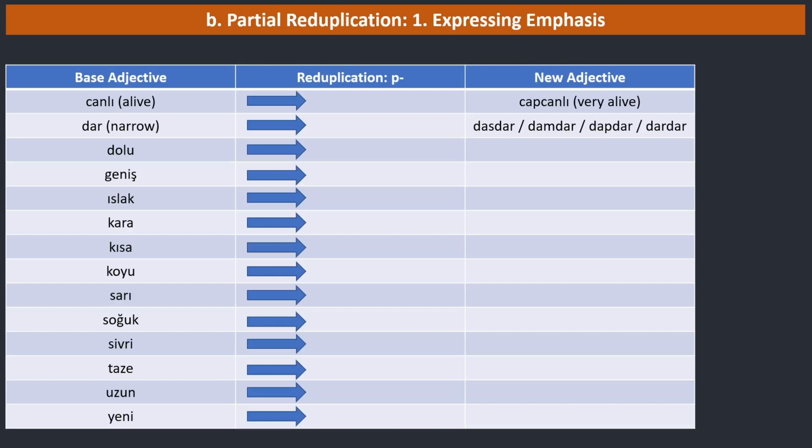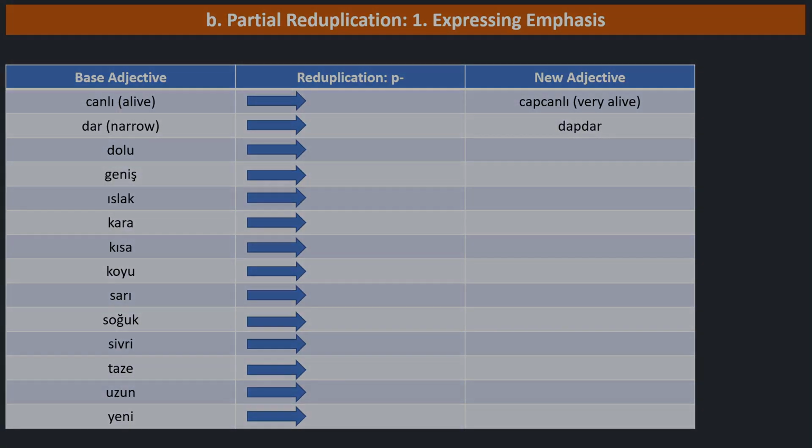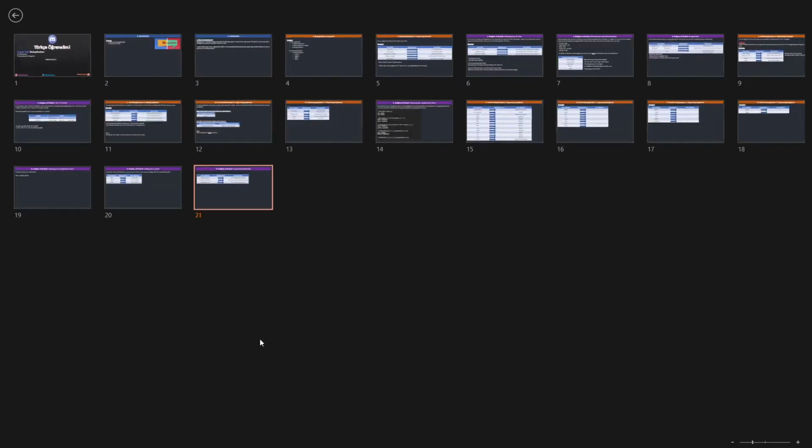No. Also, to be fair, in order to know which one sounds better, you need just more exposure to Turkish. You need to develop a feeling. I call it native intuition. Oh, there's the P here already. Exactly. I forgot it. It's not dastar or damdar, it's dapdar. This table is all for P examples. Dapdar.